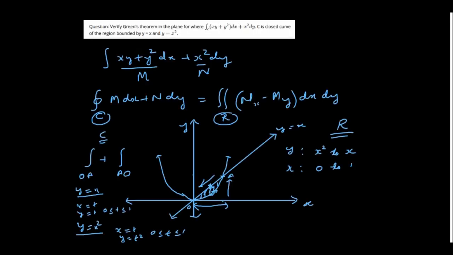First, RHS is equal to the double integral over R of (Nx minus My) dx dy. Let's find what N is. Here N is x square and M is xy plus y square.